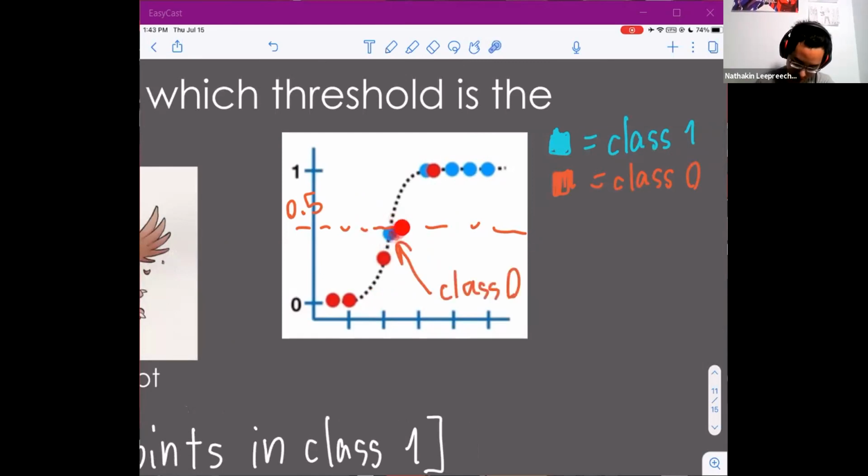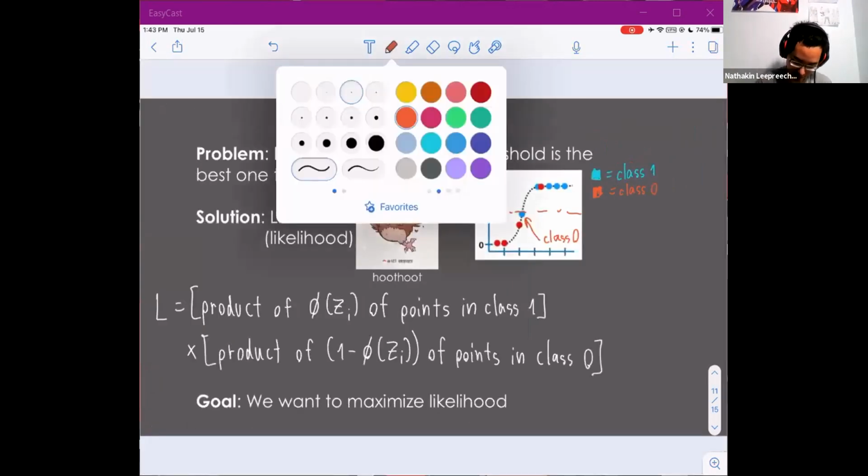You said wait, that's blue, so it should be class 1, but if you draw the line, then you're going to predict it as class 0. That's also something for you to look at.